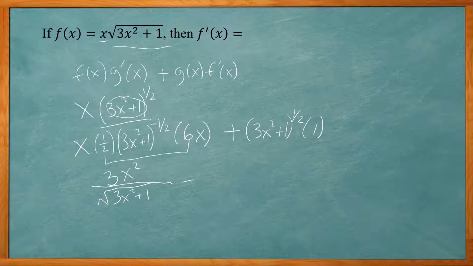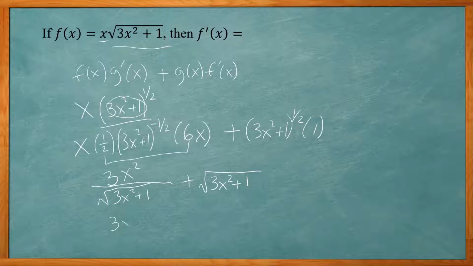And this other one is going to be the square root of 3x squared plus 1 because it has a positive 1/2 exponent. Alright, so from here I want to combine these two. So basically the common denominator would be square root of 3x squared plus 1.